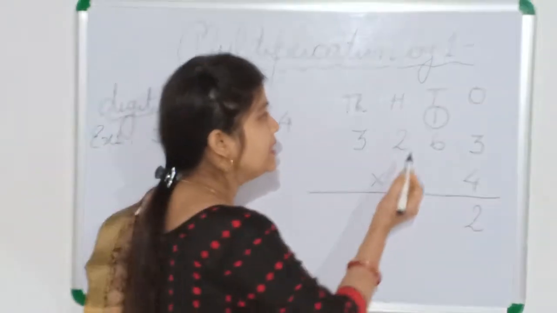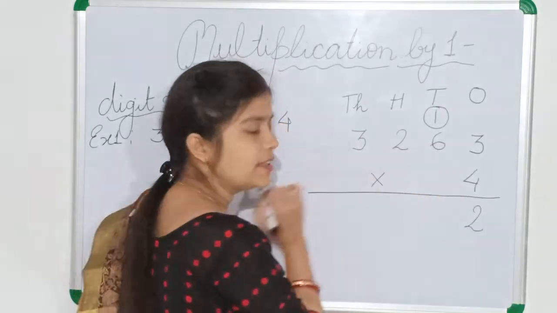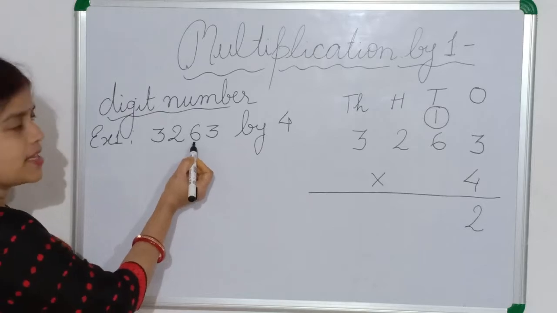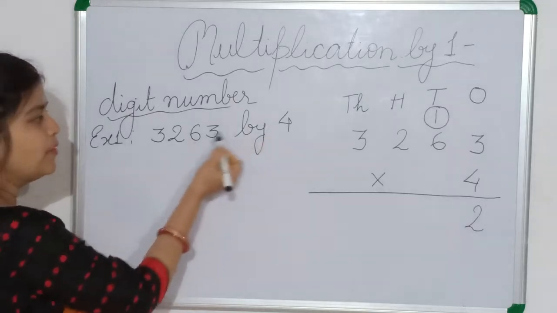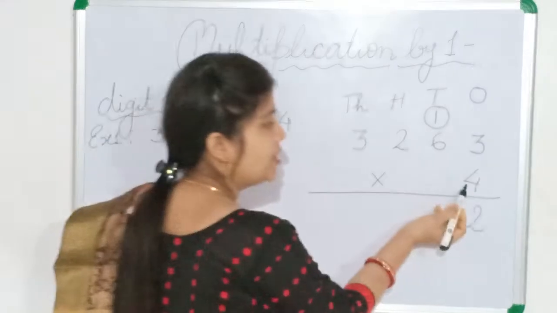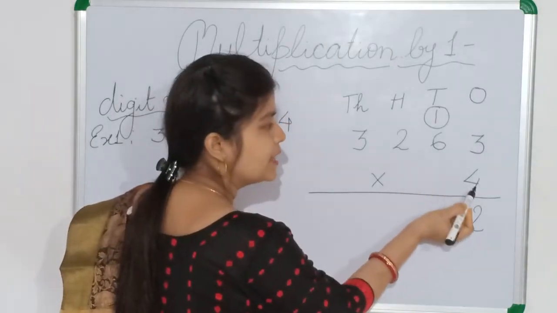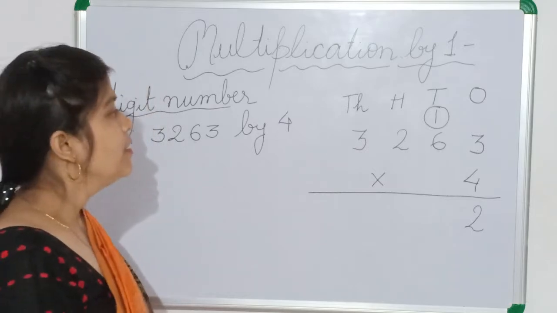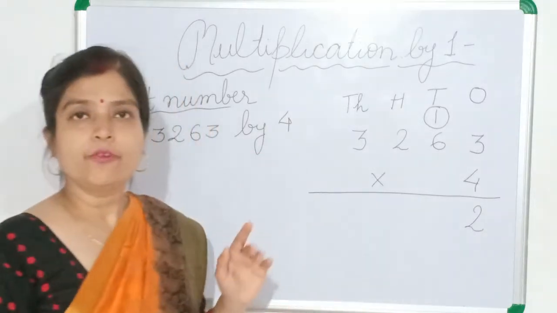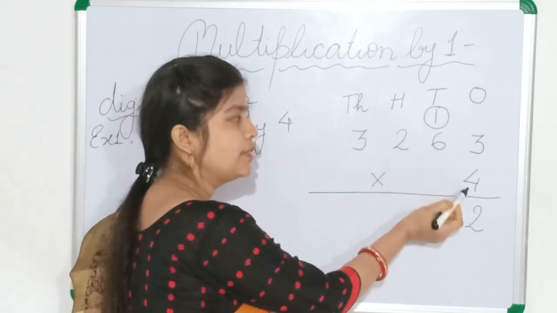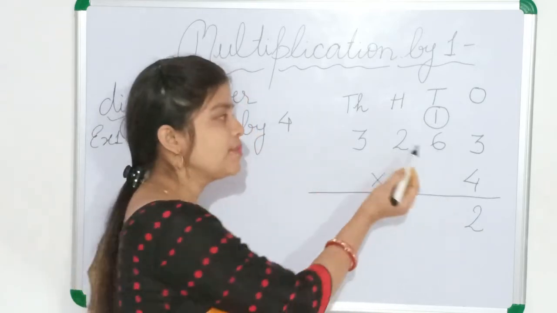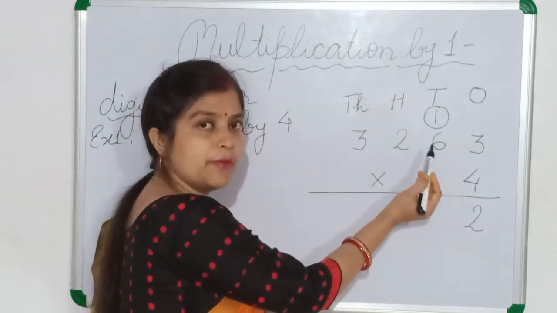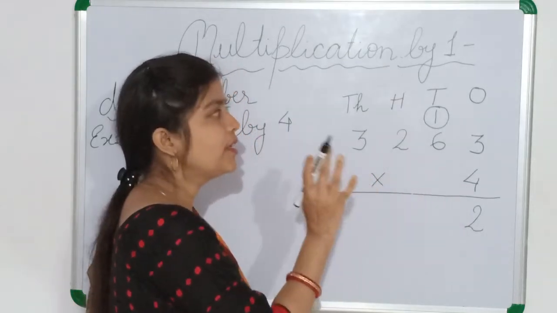Now we will multiply the digit which is in tens place. In the tens place you can see the number is 6. So I will multiply 4 into 6. 6 4s are 24, so it is 24 tens, because here it is 6 tens, and when we multiply by 4 it will become 24 tens.